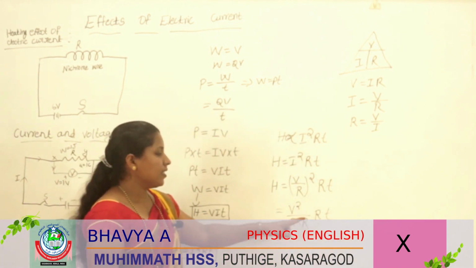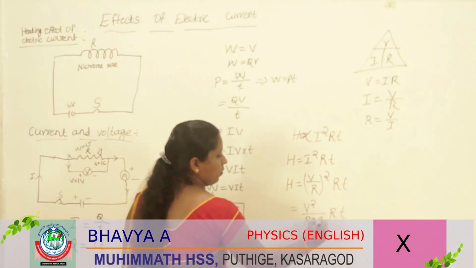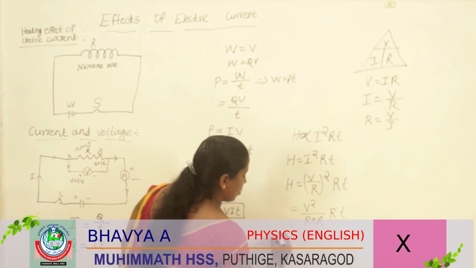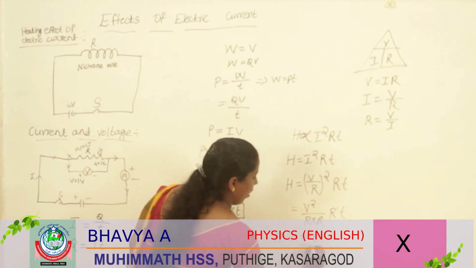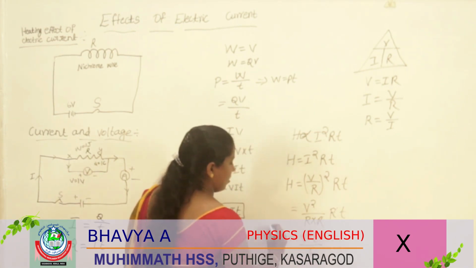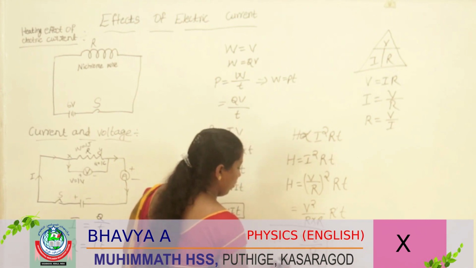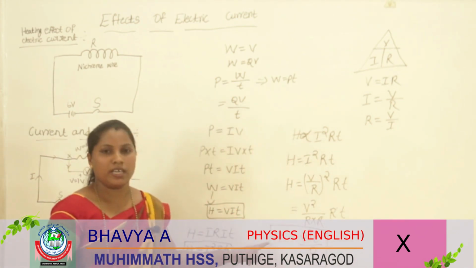So you should cancel R here. So we get the final equation H is equal to V square T divided by R. This is also an equation for heat generated in a conductor.